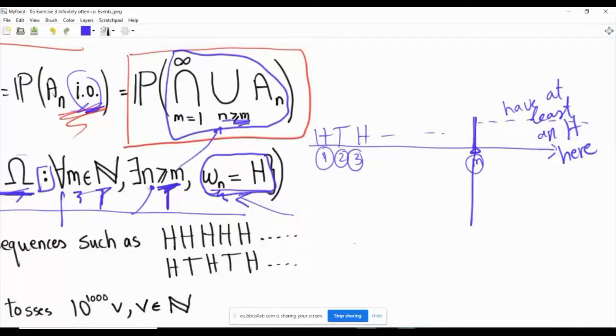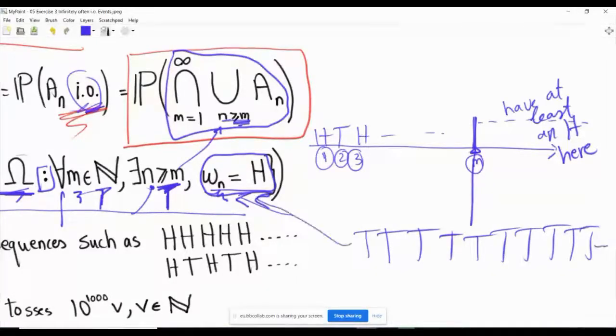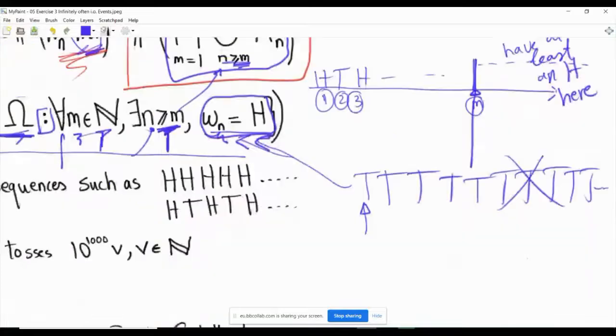Okay, the last thing. If you have the all-T sequence, is it with us? Of course not. If you pick m equals 1, there is no head after m whatsoever. So this is not part of the sequences we are interested in.